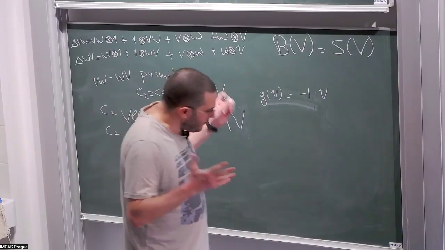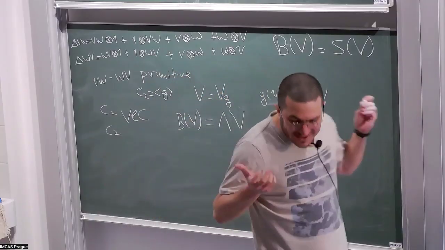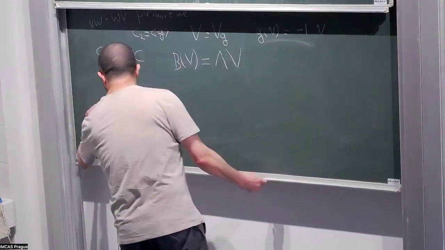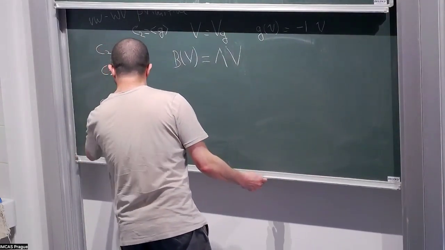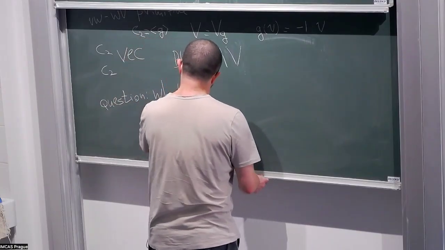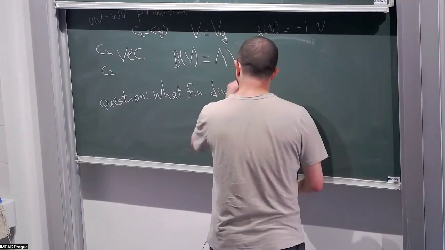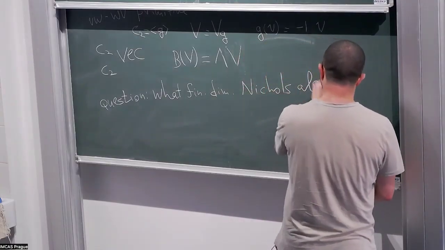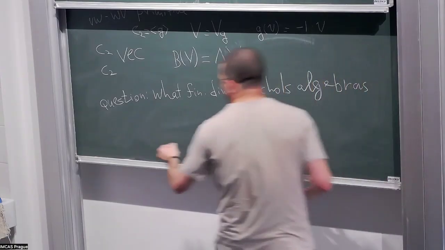And this is already a good enough reason to understand, well, what are the Nichols algebras that we get that are finite dimensional? Okay, so question. What finite dimensional Nichols algebras are there?